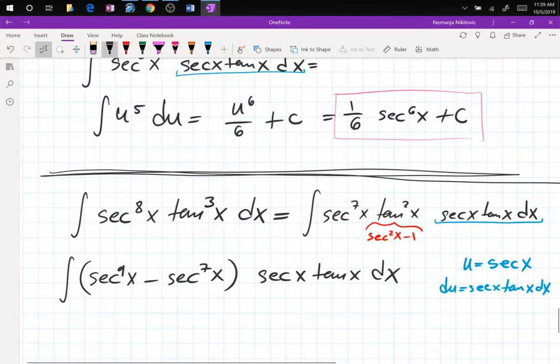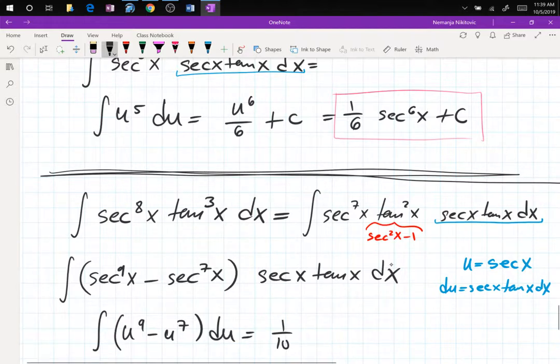And we get u to the 9 minus u to the 7 du, which is 1 over 10 secant to the 10x minus 1 over 8 secant to the 8x plus c.